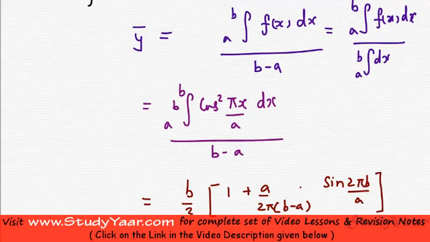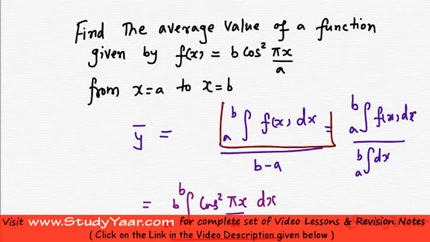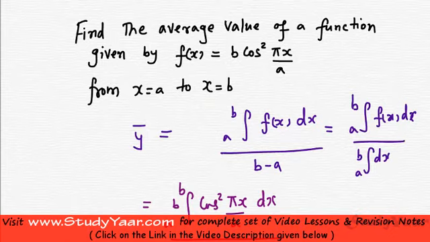So this is the answer. Just verify that you get this answer. So mean value is essentially just about finding this area, which is just about solving this single definite integral.